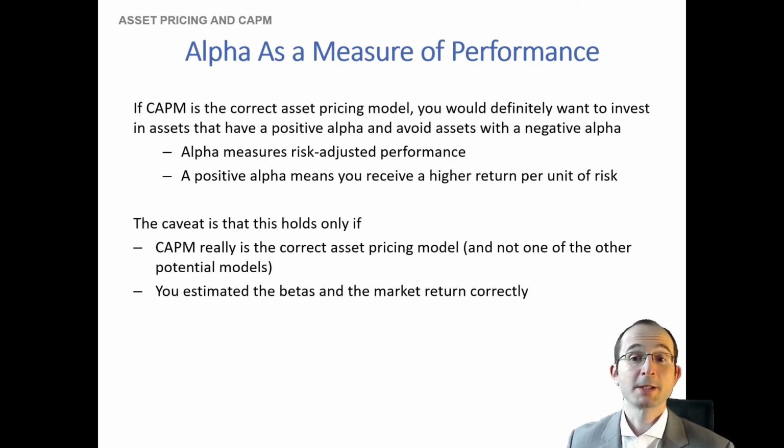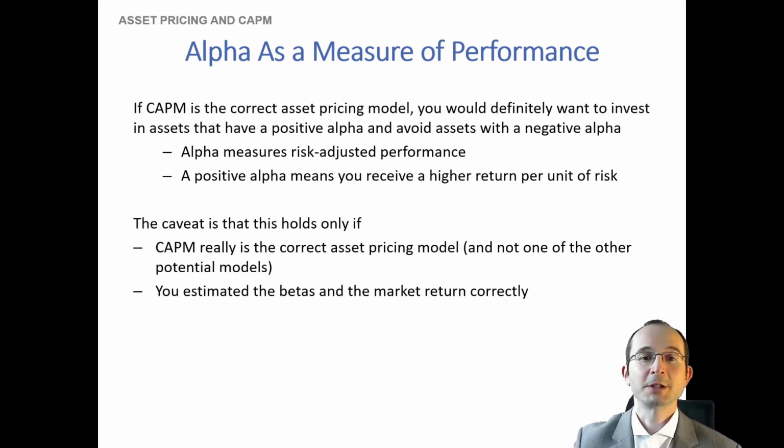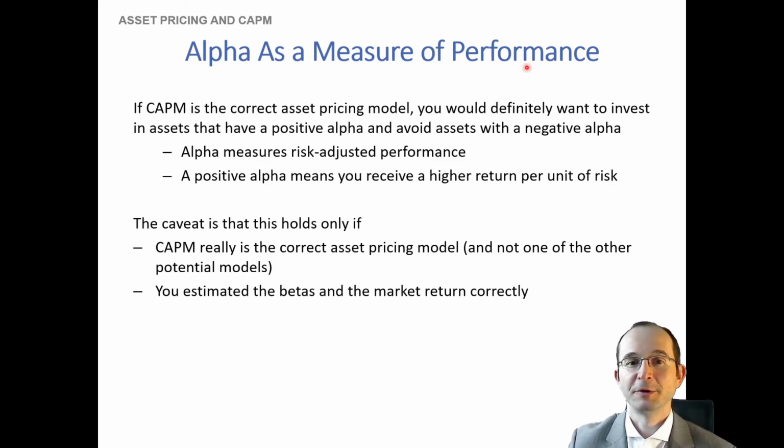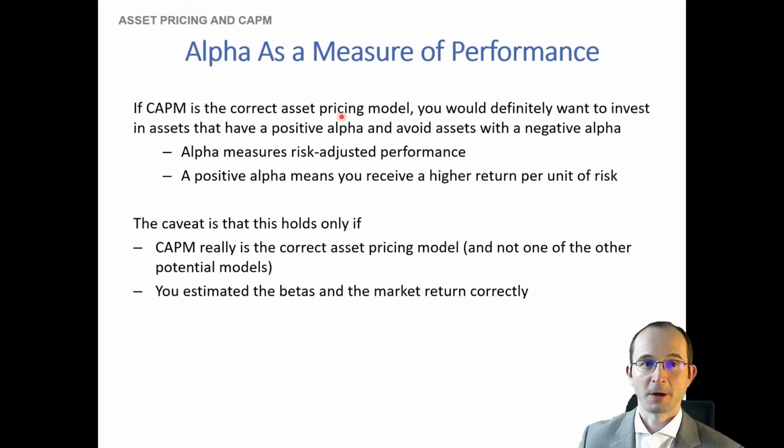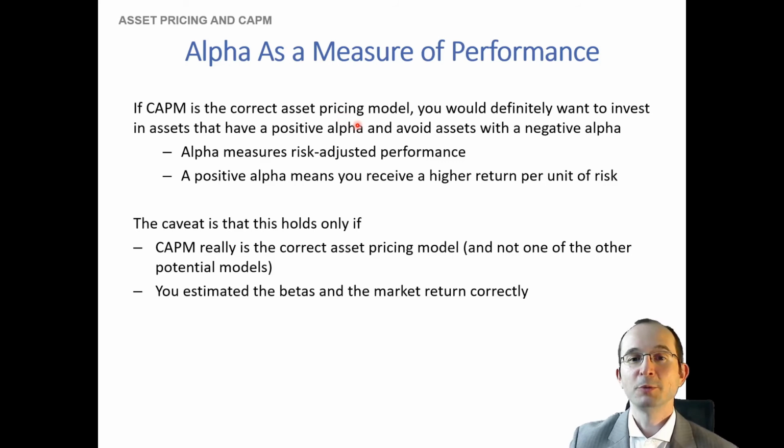So what is alpha? Well, as we were saying, especially with this application to active manager evaluation, alpha is essentially a measure of performance. If the CAPM or any other model of expected returns and risk is the correct asset pricing model, remember all asset pricing models are essentially models of expected return and risk, assuming we have the correct one, we just by definition would want to invest in assets that have as high alpha as possible, and we would not want to invest in any assets with negative alpha.